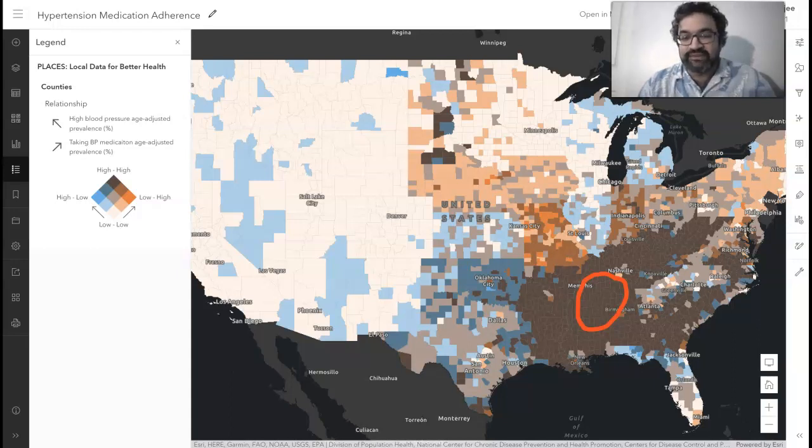Now, what you need to be looking into is some of these patches and areas where this may not be the case. When you're thinking about places that you want to be really concerned about, this is where there's high prevalence of blood pressure, but people are not taking their medications.